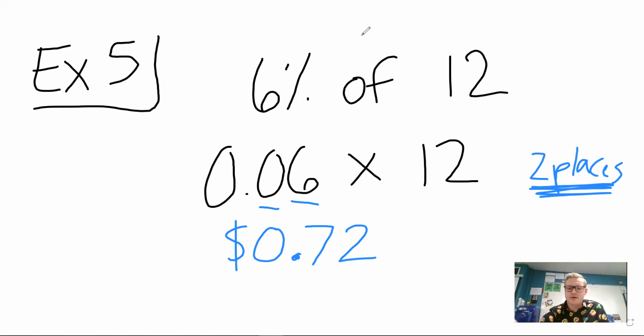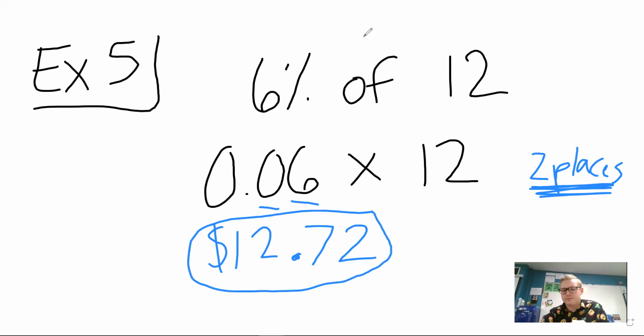So my answer there is going to be $12.72. Same process there with 8%: turn that into a decimal, 0.08 times 15. You'll be good.